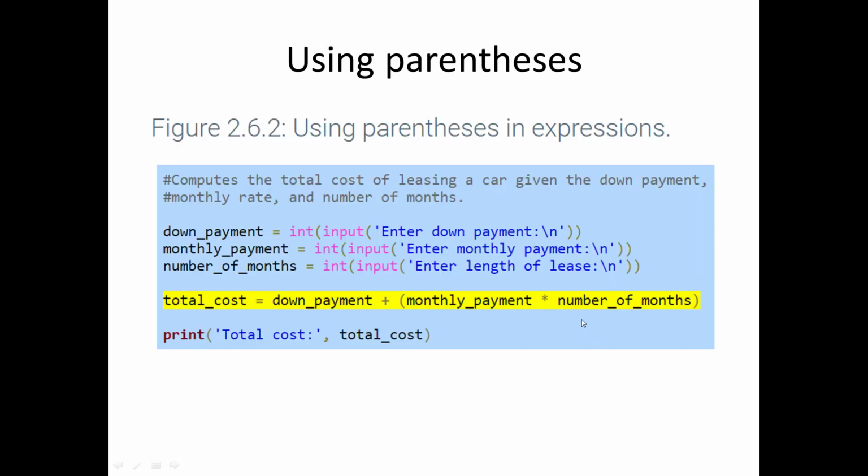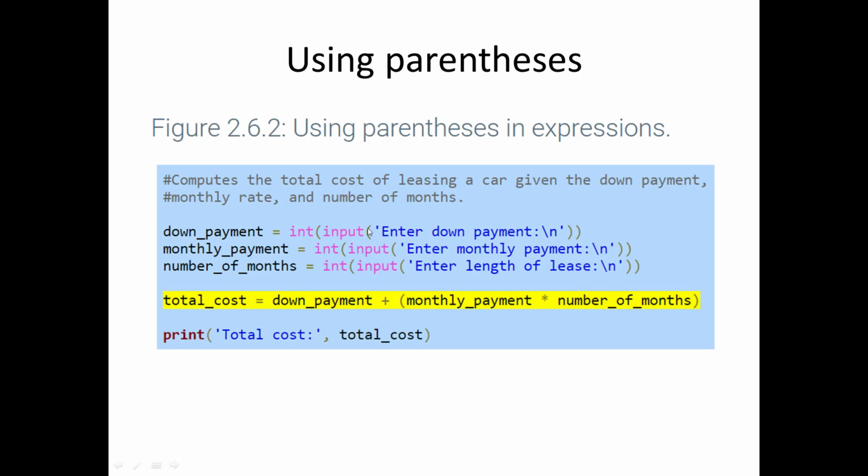Here's another example of conversion and assignment, using parentheses, the print function, and also comments, all the things we've learned. Notice this is a beginning of line comment that says this program is computing the total cost of leasing a car given the down payment, monthly rate, and number of months, which we're going to get from our user.